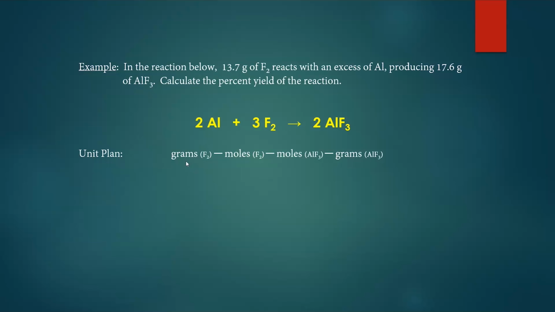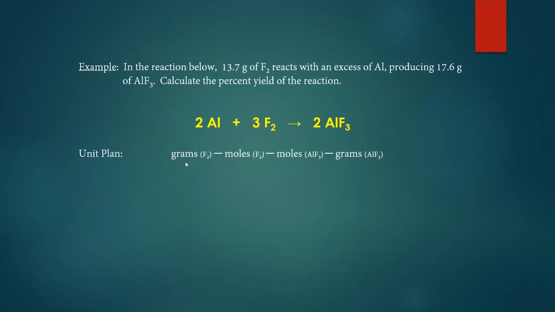Grams cannot relate directly to grams in a chemical equation, since chemical equations are based on moles. It's 2 moles of aluminum, 3 moles of fluorine, and 2 moles of aluminum fluoride. So for substances to communicate in a chemical reaction, they have to speak mole language.